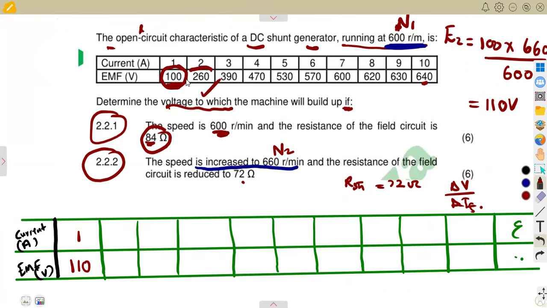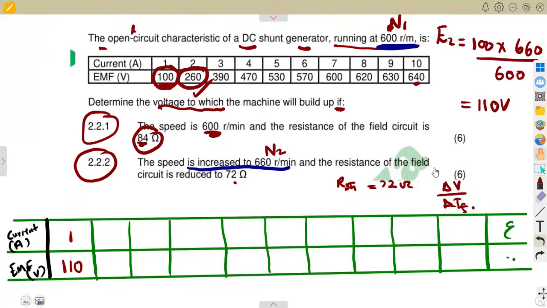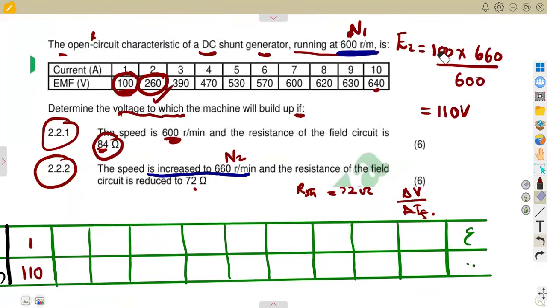The same thing, you move on to 260. When our E1 is 260, what is going to be E2 after the increase in speed? That is the idea. You obtain 286. At 390, this gives us 429.